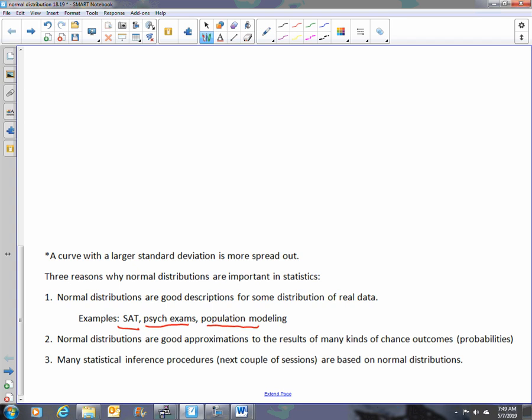Now, it says population modeling. What that means is, let's say LG looked at all of their 70-inch flat screen TVs, and let's say they made 2 million of them, and they took the lifespan of the TVs before they failed and weren't able to be used anymore.